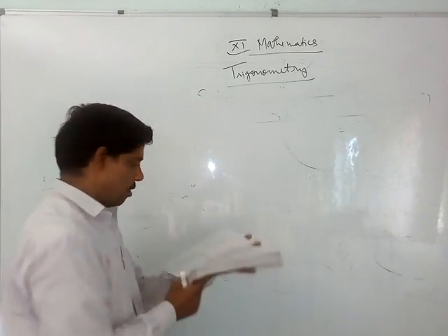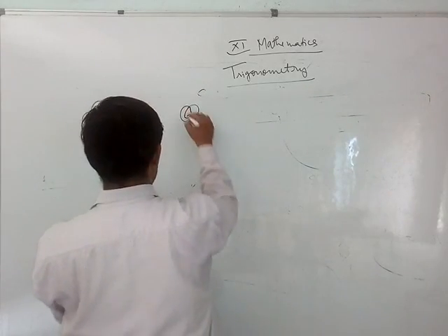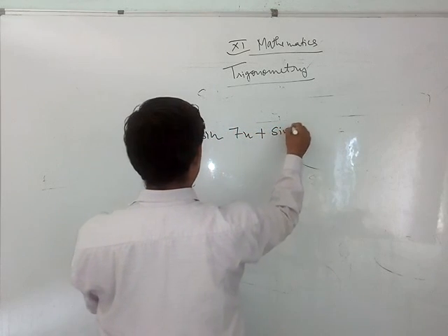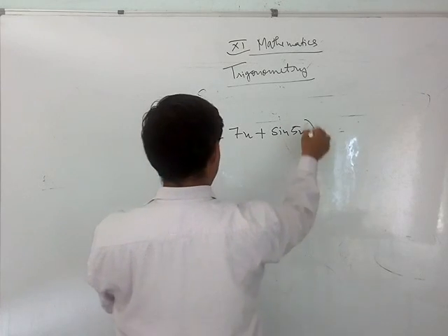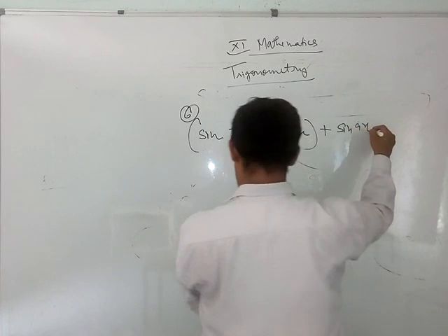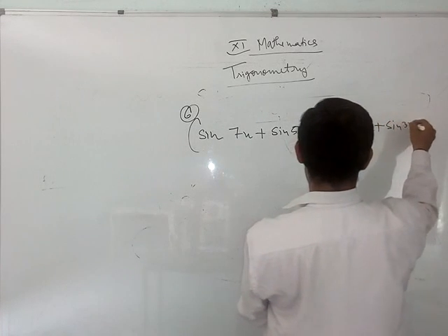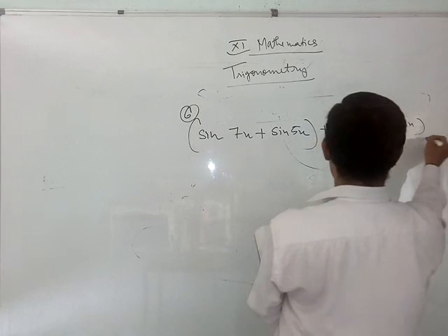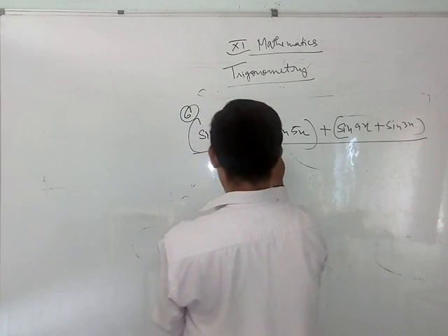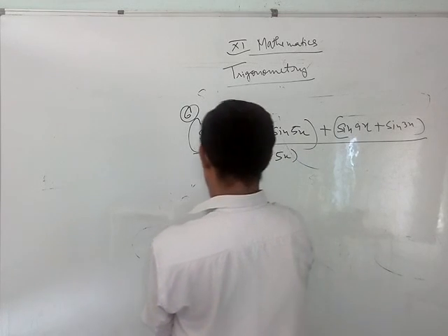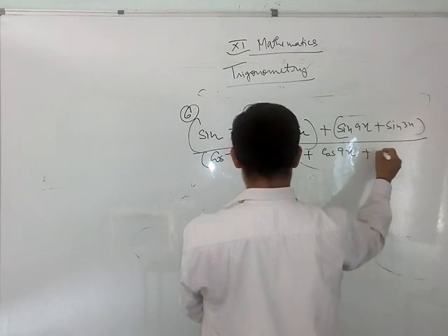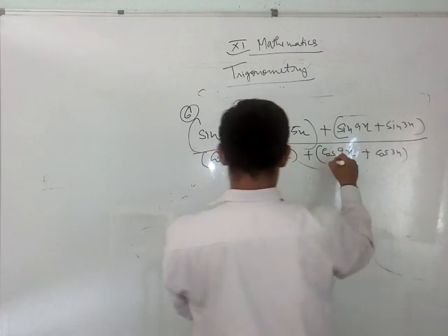If you have not done it, do it now. 6th question: (sin 7x plus sin 5x plus sin 9x plus sin 3x) upon (cos 7x plus cos 5x plus cos 9x plus cos 3x).